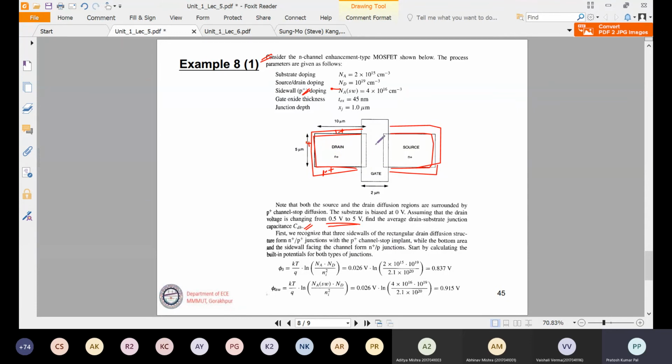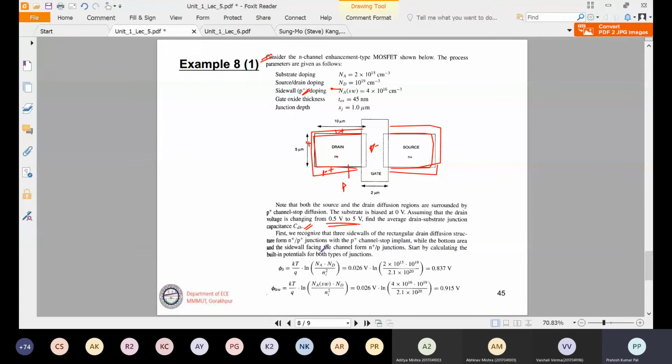The bottom side of this N plus region, the fifth face, will also have a P region because of the P substrate. So we have three side walls and one N plus P region on the channel side.